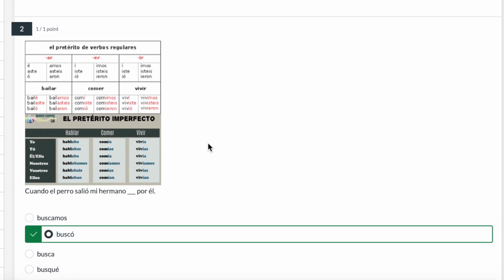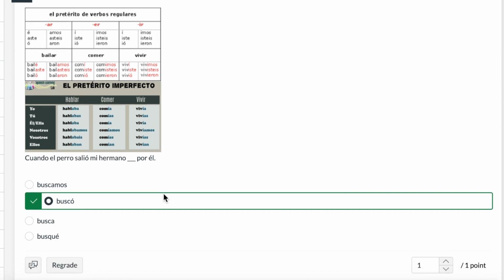Number 2. Cuando el perro salió, mi hermano blank por él. When the dog salió, what is that? That's a verb. So that is past tense. He left the dog. My brother, the subject is my brother. Don't be fooled. We already have the subject dog and left. This time the subject is my brother.